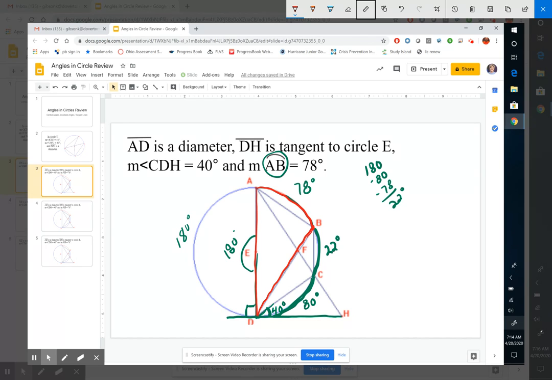And so we take half. This would be 39. Okay. If you look closely, there's another angle right here that also goes with that arc. So that would also be 39 degrees.